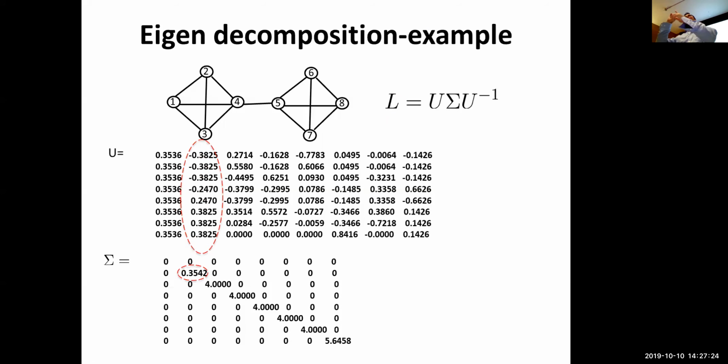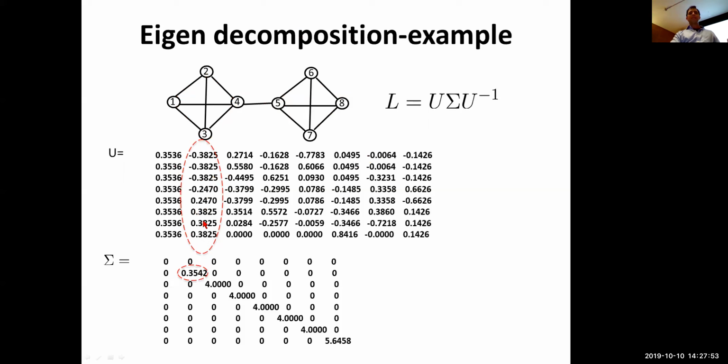And the solution, the eigenvector, will be pointing to pluses on one community and minuses on the other community. Okay? So the eigenvector that has the smallest eigenvalue will be effectively partitioning this network based on the values of this x vector that will be positive for one and negative for the other.